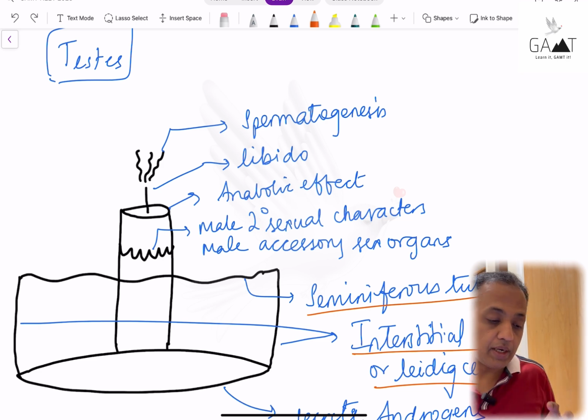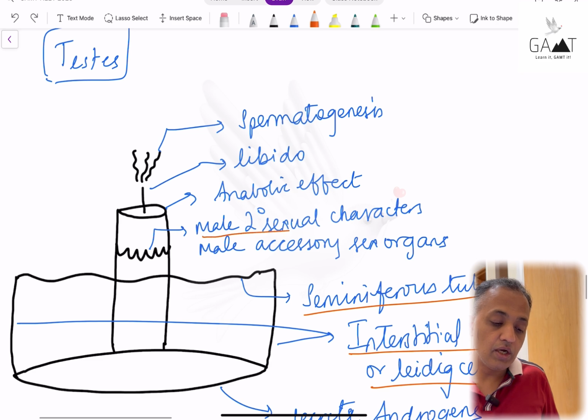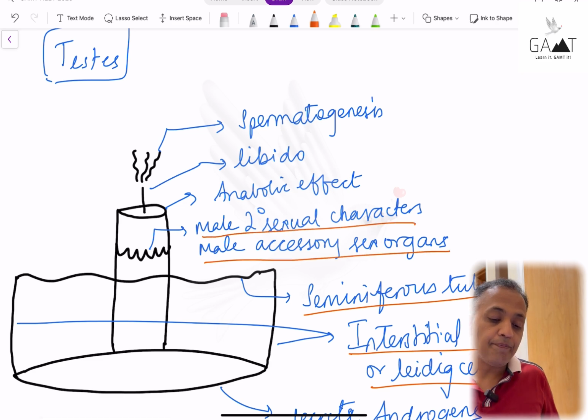All these are caused by the androgens. So the male secondary sexual characteristics and male accessory sex organs are all stimulated by androgens secreted by the interstitial cells or Leydig cells.